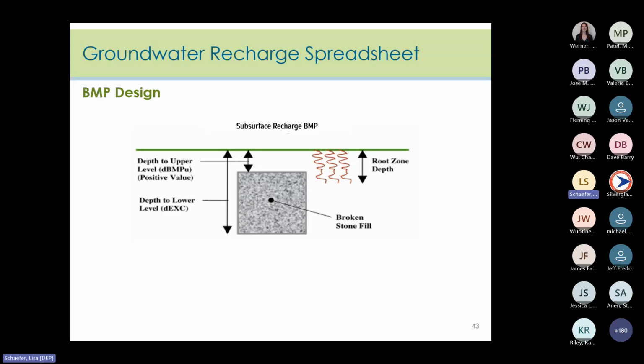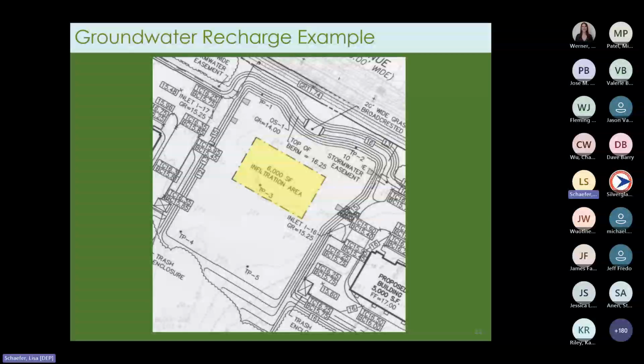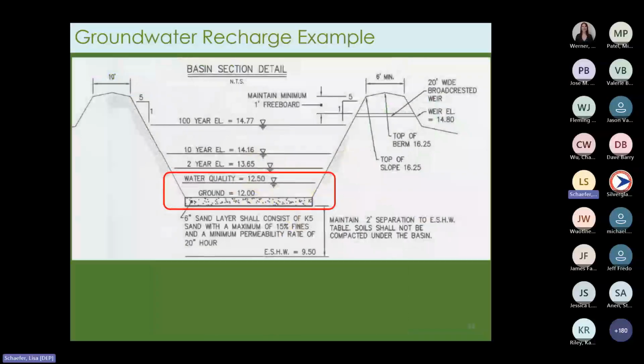Let's look at an example. We have a BMP, shown here in yellow, designed to infiltrate stormwater over an area measuring 6,000 square feet. This is a sectional view of the infiltration basin. There's no vegetation at the bottom of the basin. The dBMP is the maximum water level before the water begins to overflow.